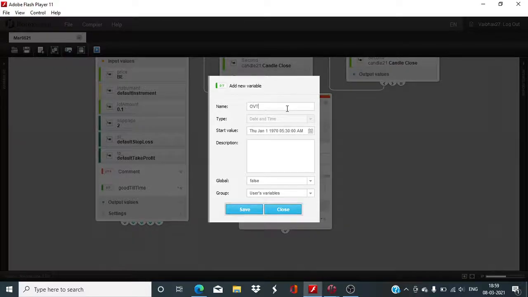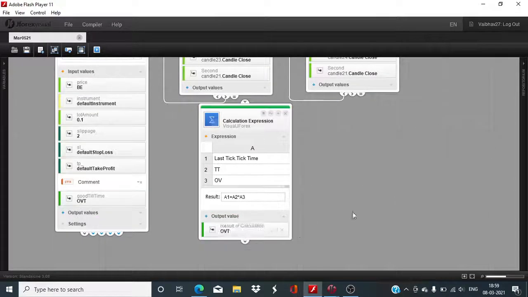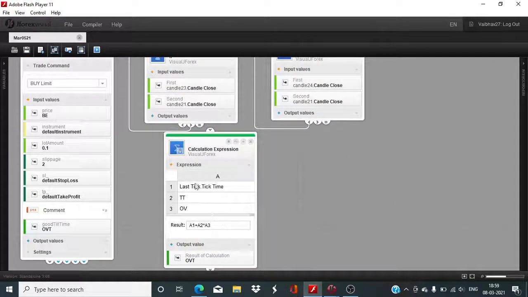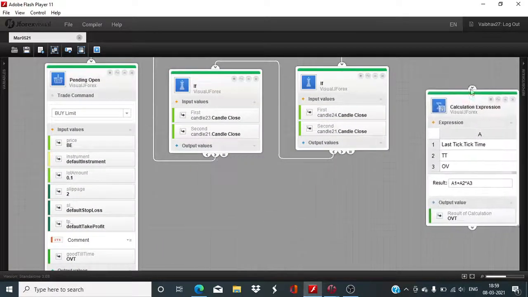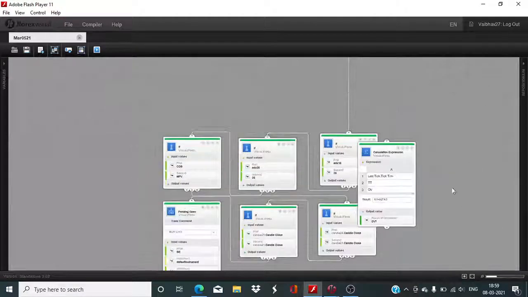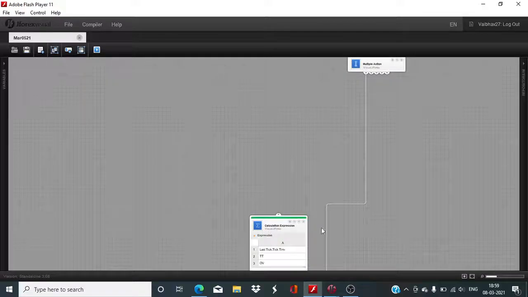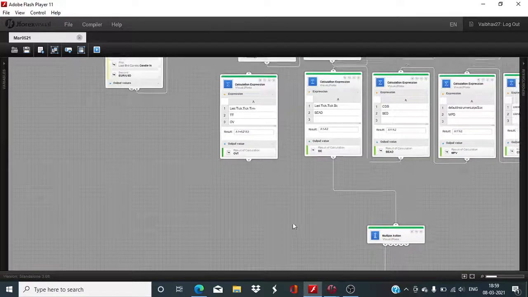I will name it OET, and its value will be derived from here. So whatever is the result of this calculation, that will be the validity of the buy limit order. So far so good.